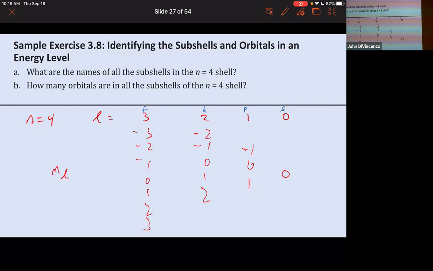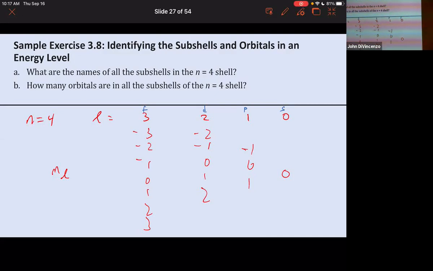So effectively, you can just name all these. We have a 4S, right? You have the 4P1, 4P2, 4P3. They usually use X, Y, and Z for that.